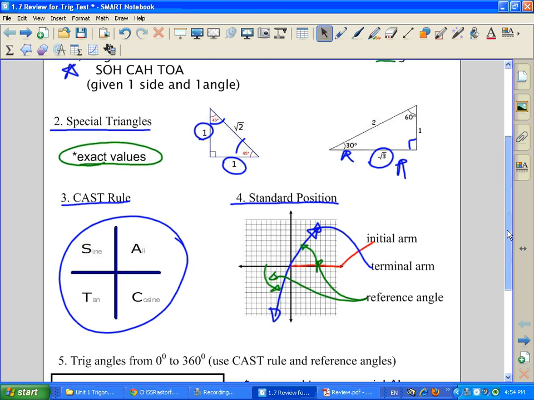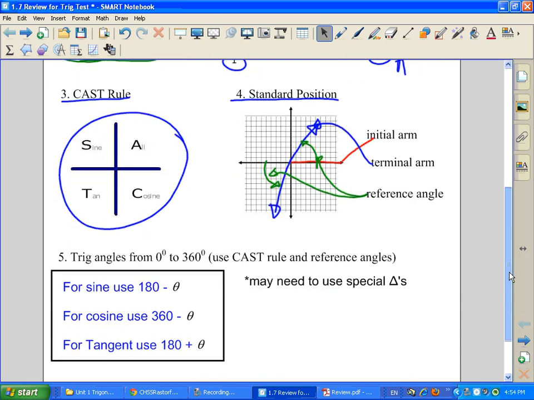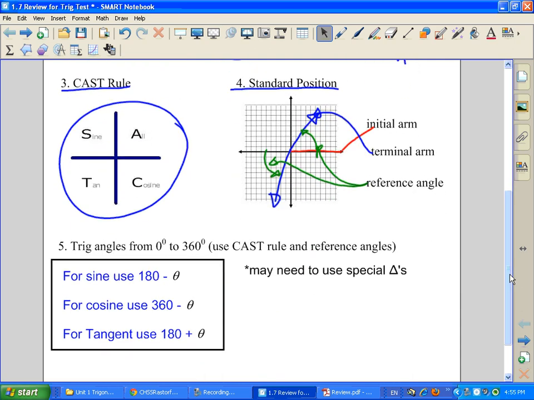All right. Moving on. Now we've got some trig angles from 0 degrees to 360. In many cases, you'll have more than one angle that represents the same value. You use the CAST rule and your reference angles, and again, you could use your special triangles here. And again, it could say exact values there.